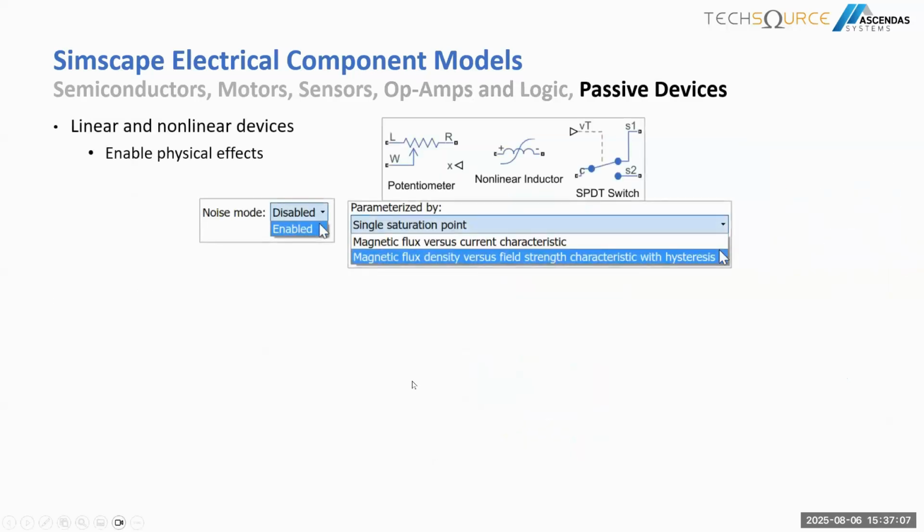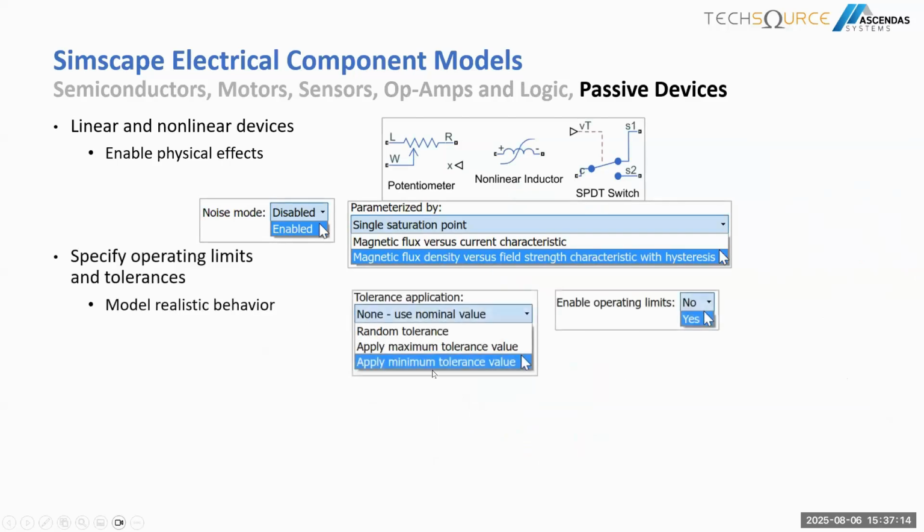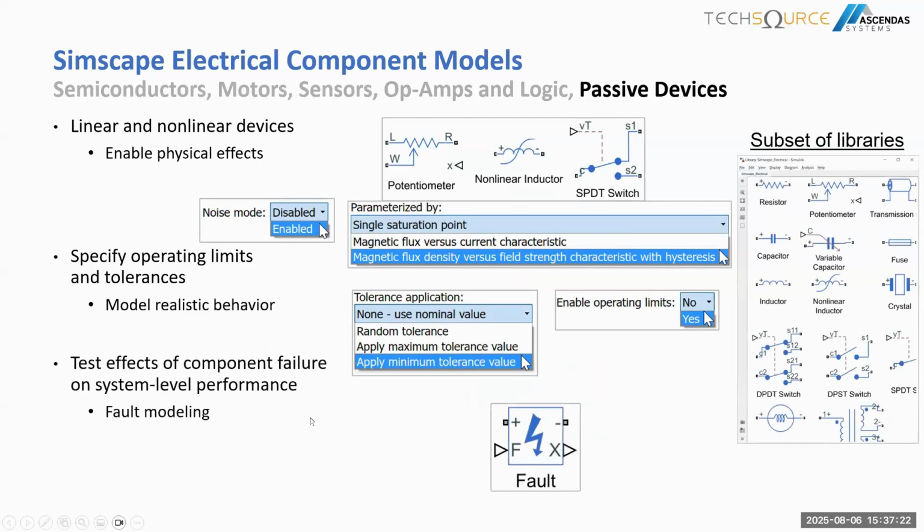Definitely, Simscape Electrical also supports passive devices, both linear and non-linear, which enable us to operate with much more realistic behavior. You are also able to check component failures, or check performance at a system level, and then do fault analysis.